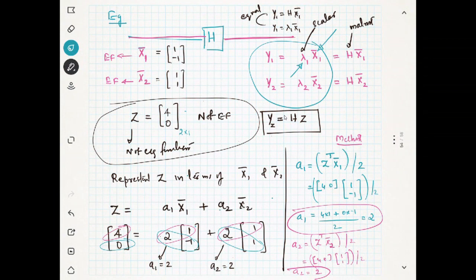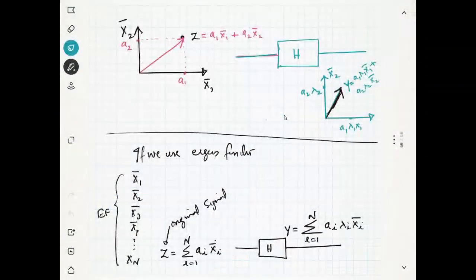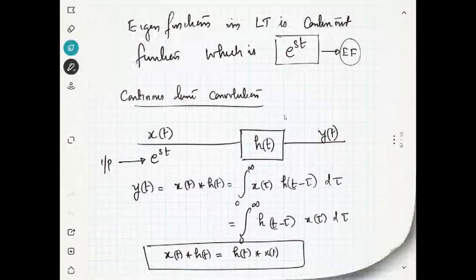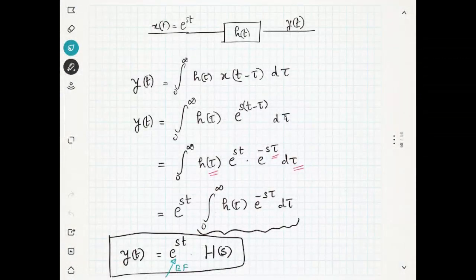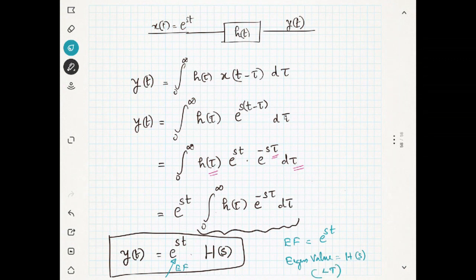Now, can you tell me what is the eigenfunction and what is the eigenvalue here? The eigenfunction is e power st. What is the eigenvalue? H of s, the Laplace transform. So the Laplace transform of a system will give you the eigenvalue of the system. Is it clear?